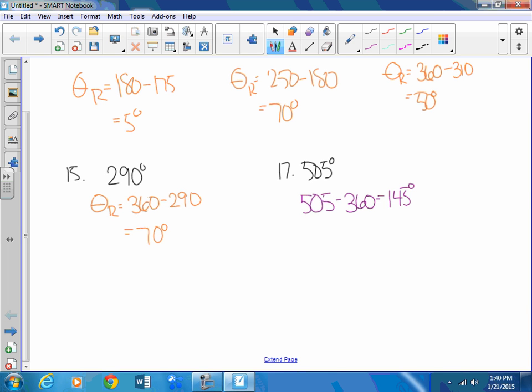Whenever our angle is bigger than 360, we need to subtract 360s until we're between 0 and 360. So really, I'm finding the reference angle for 145 degrees. Well, 145 is in quadrant 2. So to find the reference angle, I'm doing 180 minus 145, which is 35 degrees.